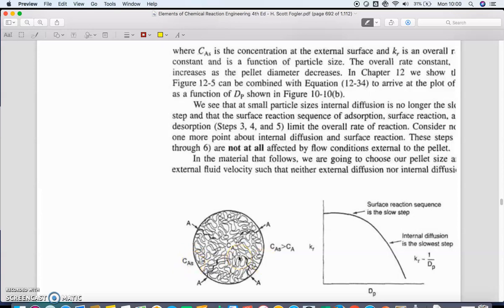Later in the next chapter 3, you will see that the concentration of A in this porous catalyst is actually C_A. So C_As is bigger than C_A.